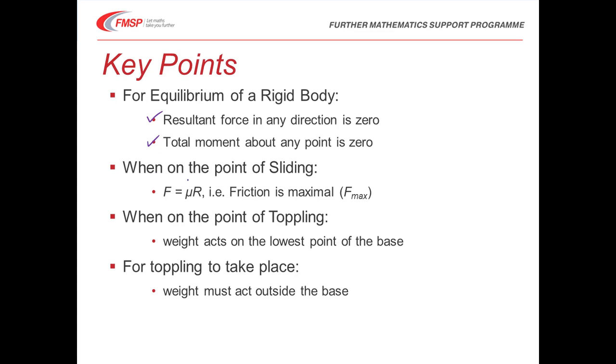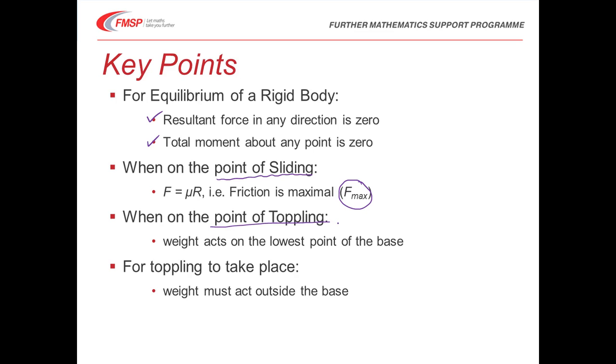Now, when a rigid body is on the point of sliding, when it's about to slide, it must be in limiting equilibrium. In other words, the friction is maximal and only just enough to hold it in place as it stands. Change the forces a bit and it will slide. Then, when a rigid body is on the point of toppling, the weight will act at an extreme point of the base.